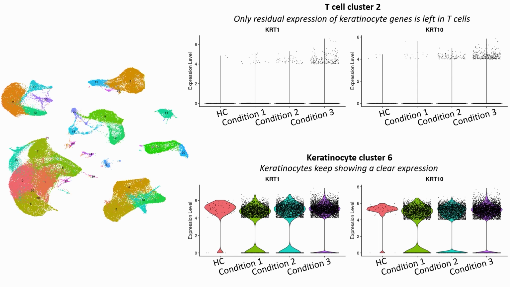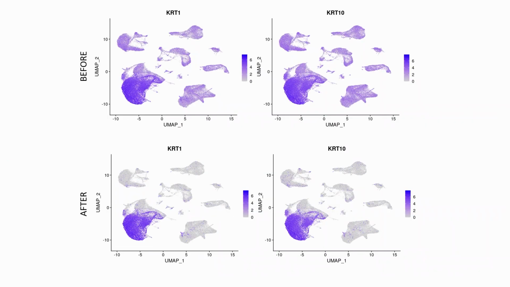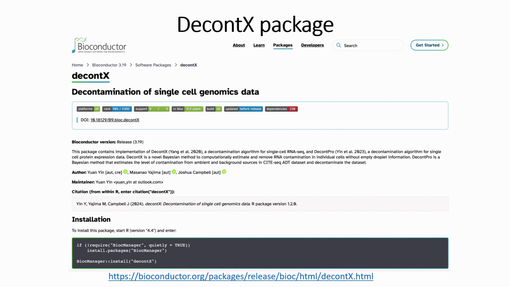There are now algorithms out there that can help to decontaminate your data set, to go from this signal that contaminates all your cells to this signal where you have nice expression of keratins within your keratinocytes, and one is DecontX, for example, which is an unbiased approach to eliminate ambient mRNA contamination.